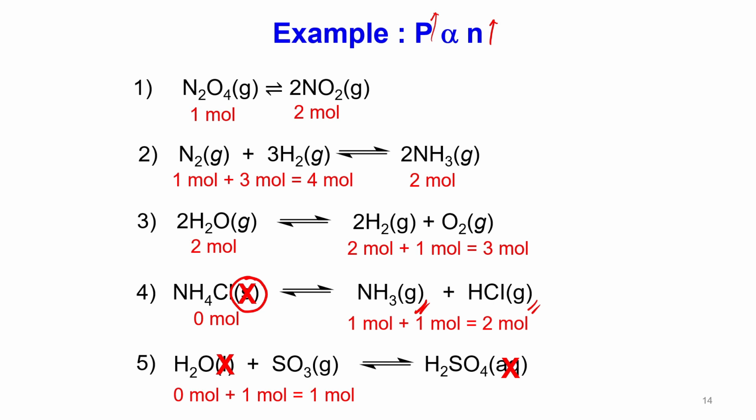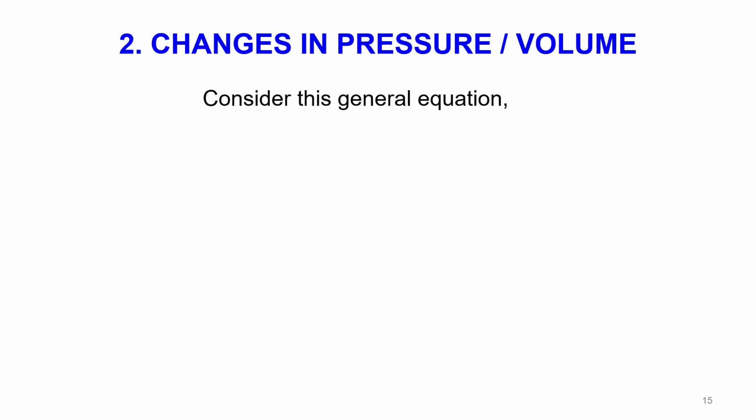Okay, alright, so 0. Alright, so the change in pressure and volume, consider this general equation. 3B produce C, meaning that 3 mole of B will produce C. Okay, dissociate menghasilkan C, then C will shift to the left, okay, reverse akan hasilkan 3B.